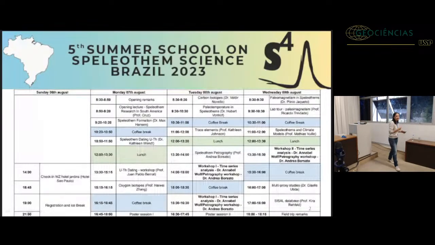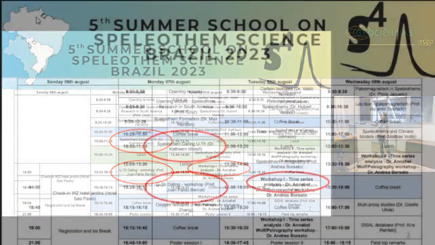Because we already saw many things here, like the introduction about speleothem research in Brazil and South America. We already talked about speleothem formation, radiometric dating, the basics of speleothem science.